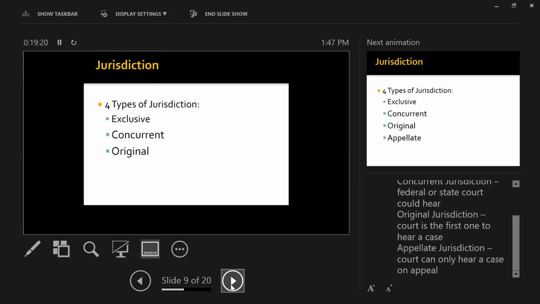If it's under original jurisdiction, that means that only the first court to get the case can hear it.